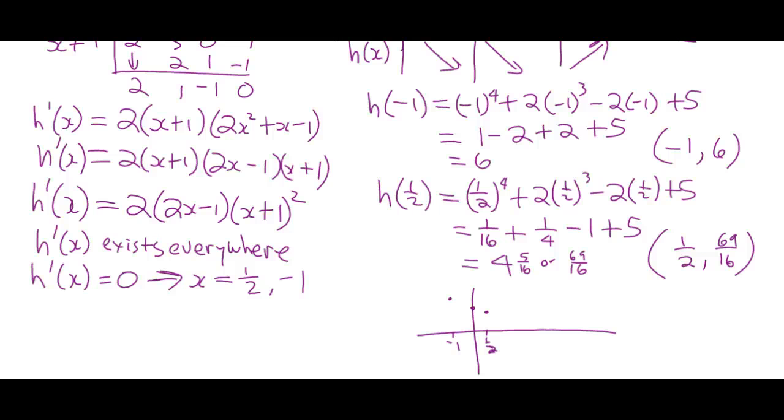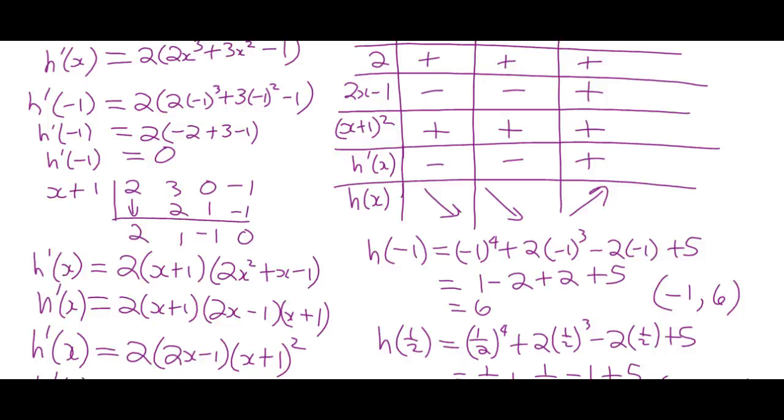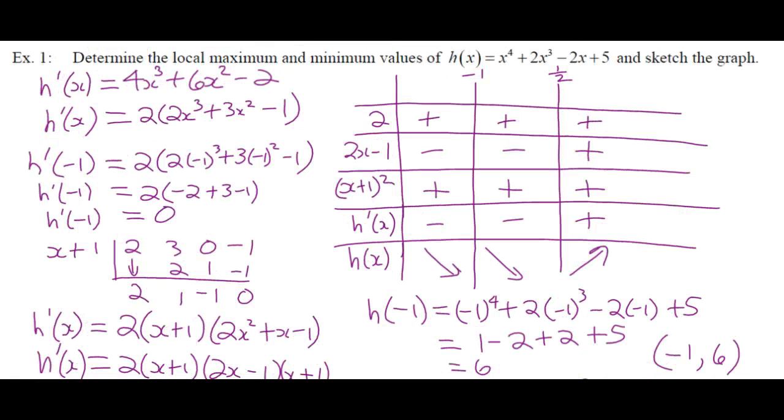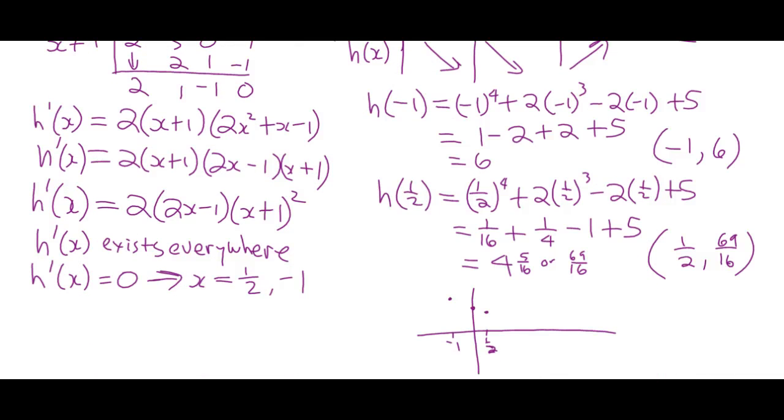And that's our minimum, right? Because we've got a negative slope and a positive slope. So negative to positive gives you a minimum at 1/2. So we're going to come down, have a point of inflection, drop through here, and go like that, something like that.